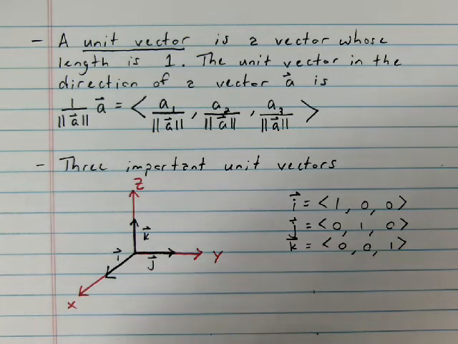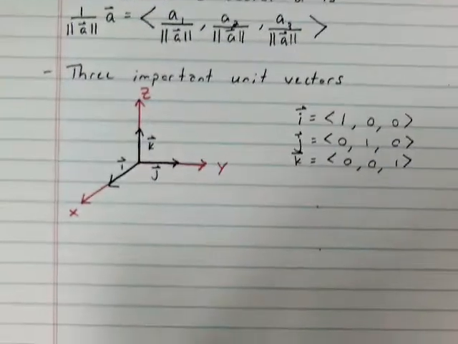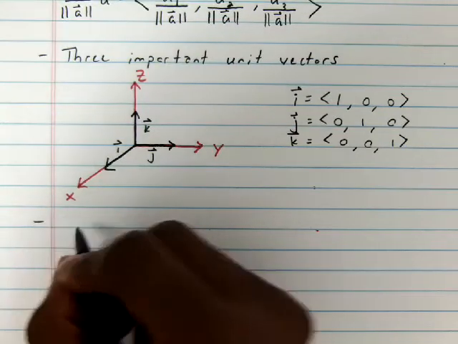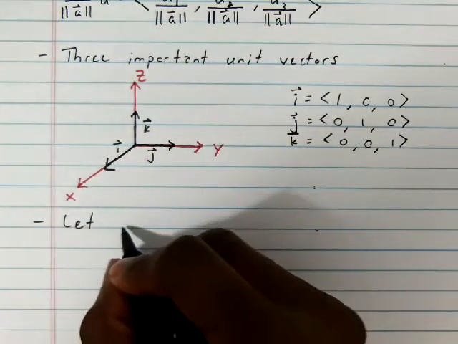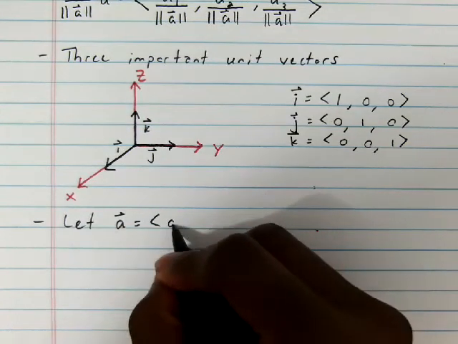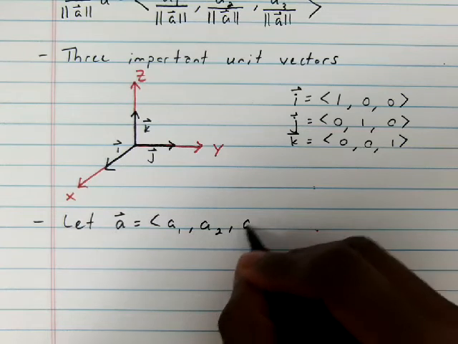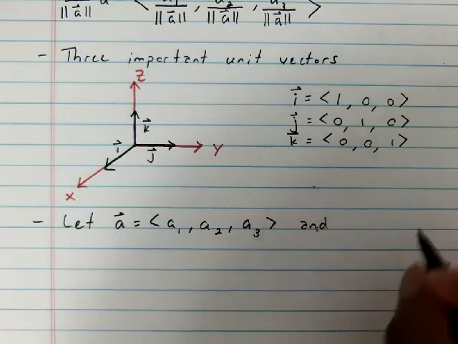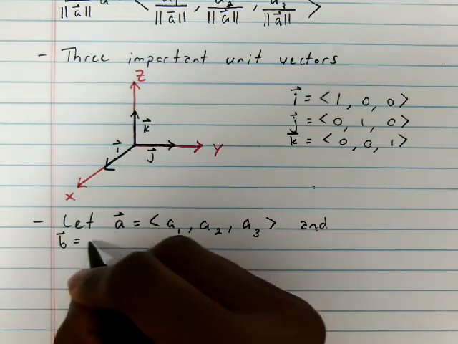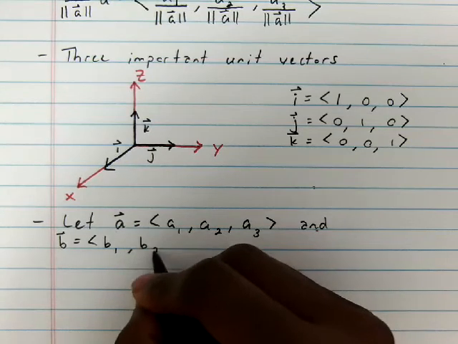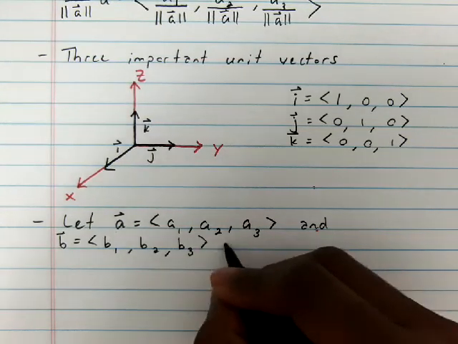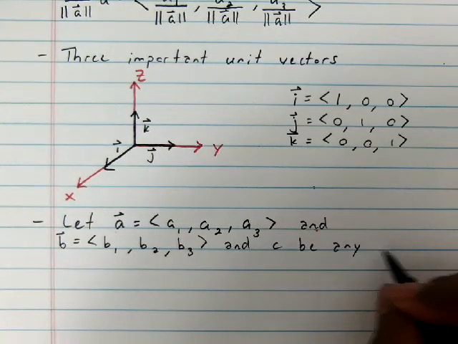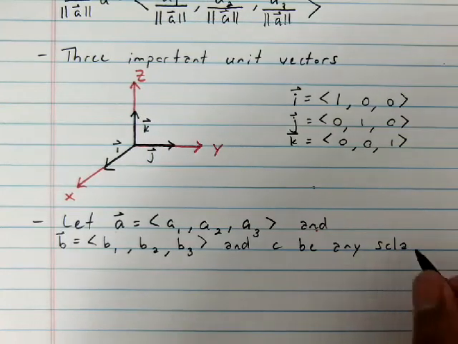So let A be equal to the vector with components a1, a2, and a3, and b be equal to the vector with components b1, b2, b3, and c be any scalar.